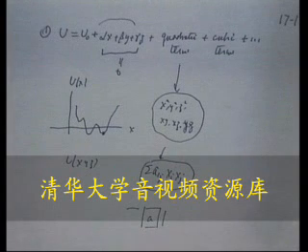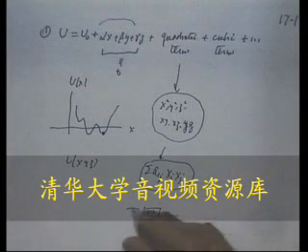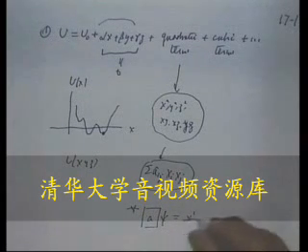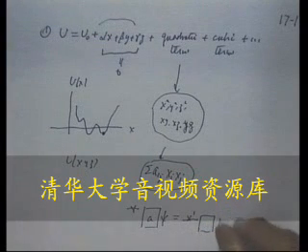So after the diagonalization, so this is x, it becomes x prime times diagonal times x prime.